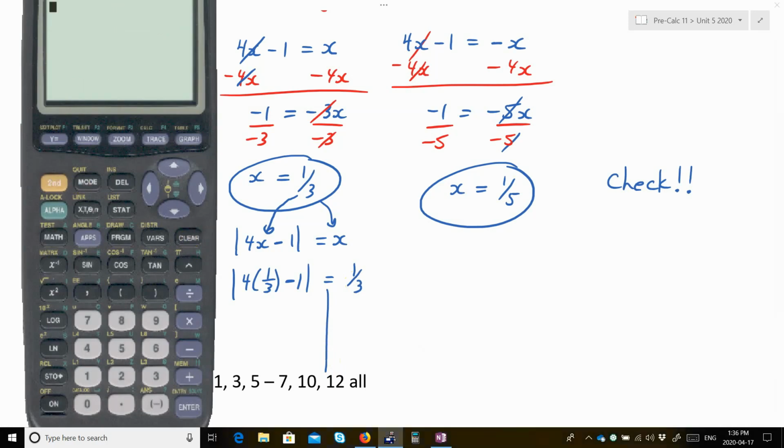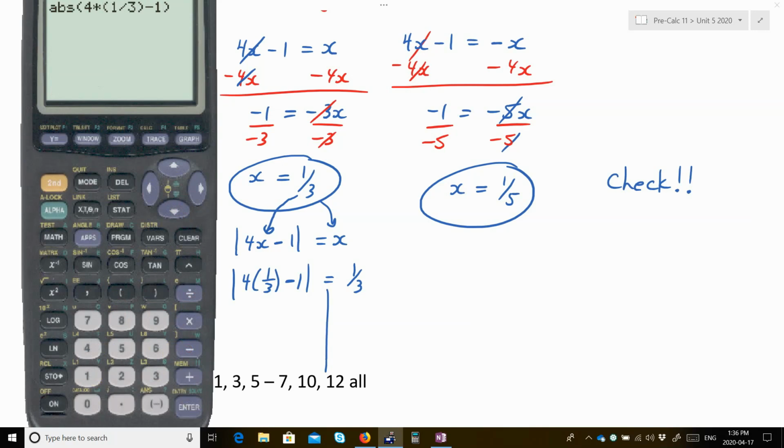Okay, and so we could use the calculator and we could go math, and there's a few menus up there. Notice there's this one called number, and then there's ABS, absolute value. So I could put absolute value, and in my absolute value I have to have 4 times 1/3 minus 1, and then close the absolute value bars.